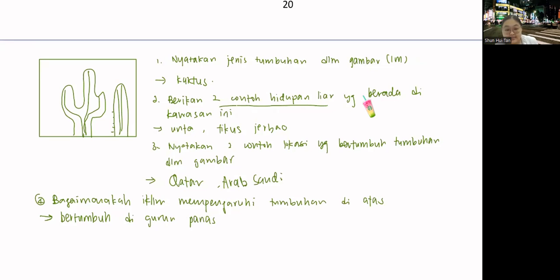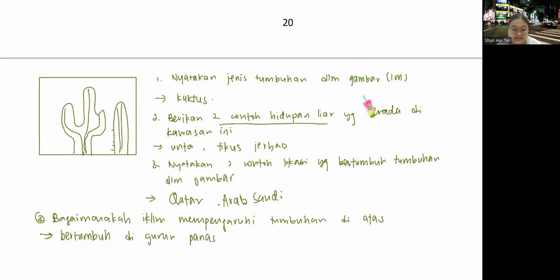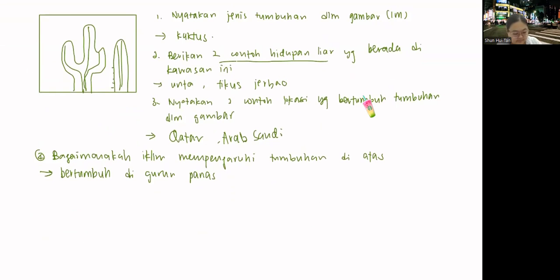All right. And what is the characteristic of this? Yeah, say bertumbuh di iklim gurun panas. Right. And then the characteristic is menerima jumlah hujan, what happened?